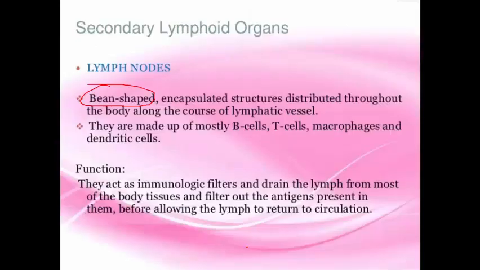Now, mostly in this lymph node there will be B cells, T cells, macrophages and dendritic cells. What are these cells? These cells are the immunogenic agents. Their function is to kill microorganisms or to eliminate the antigen which enters inside the body.